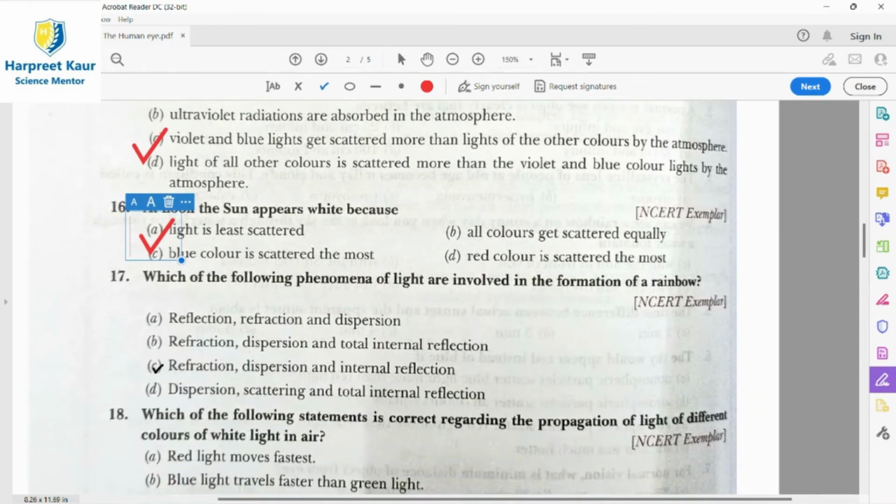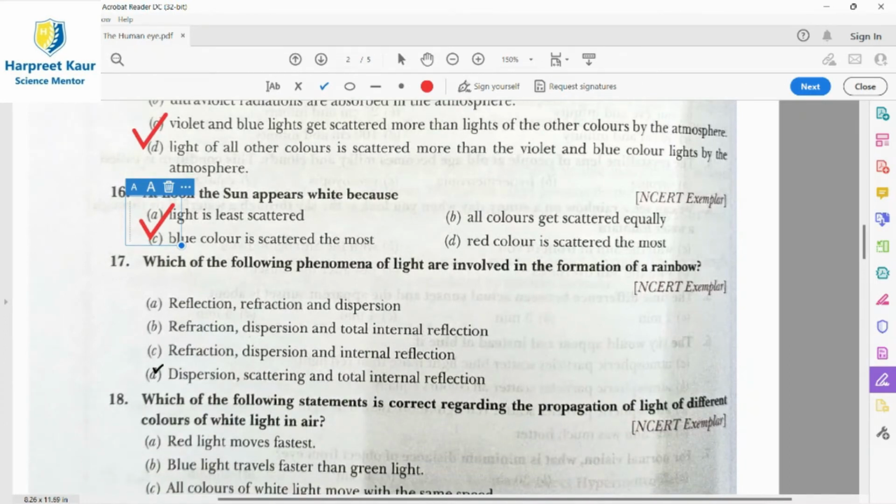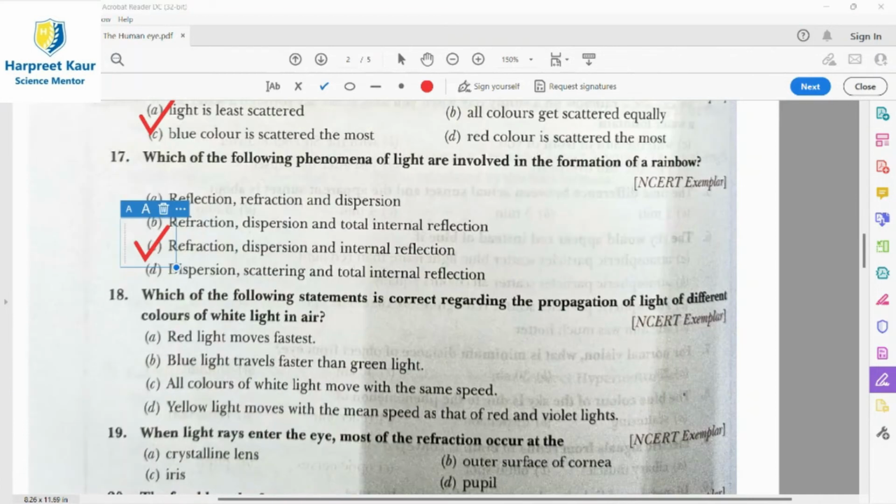Then question 17. Which of the following phenomena of light are involved in the formation of a rainbow? So answer is option C, refraction, dispersion and internal reflection. Question 18. Which of the following statements is correct regarding the propagation of light of different colors of white light in air?